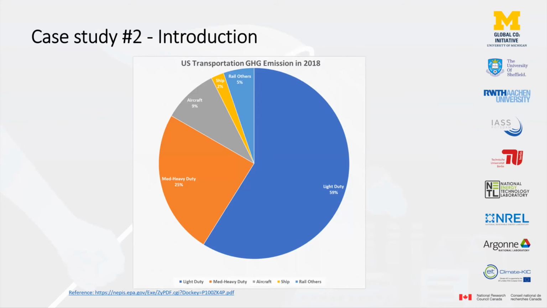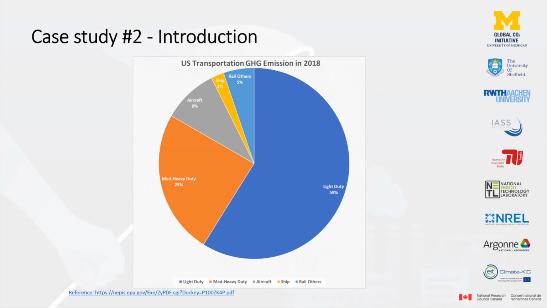Sure, absolutely. The transportation sector generates a significant share of greenhouse gas emissions. Based on US EPA data, the US transportation sector generated about 28% of total GHG emissions for the country in 2018. It's the largest contributor, primarily coming from burning fossil fuel for our cars, trucks, airplanes, ships, and trains.